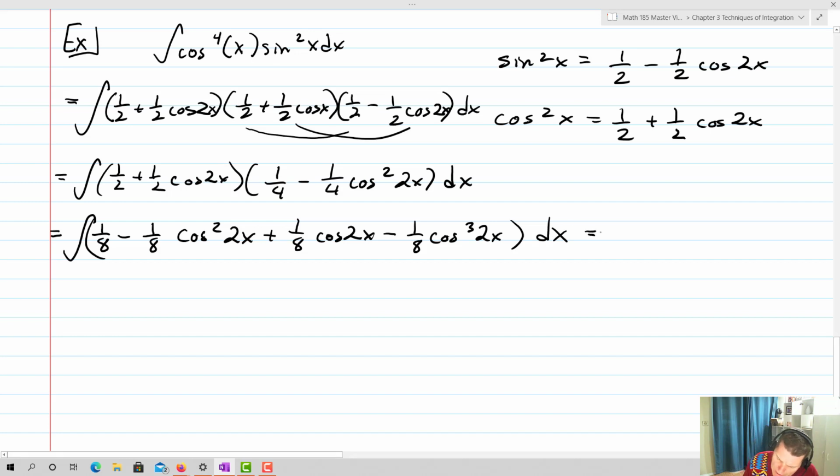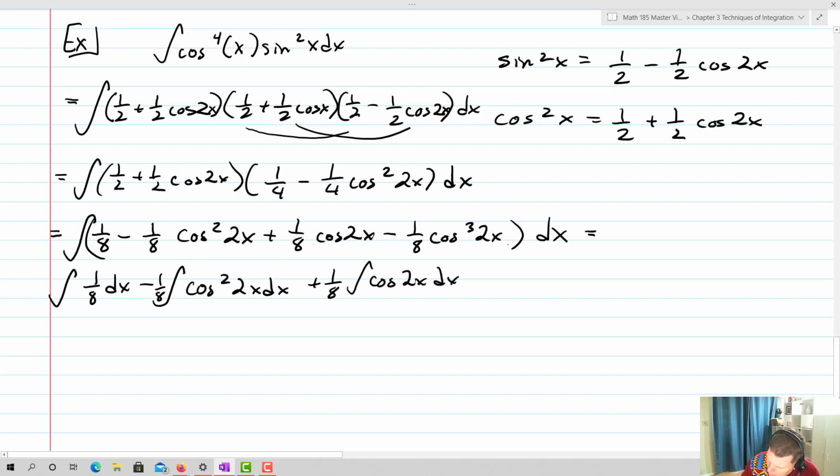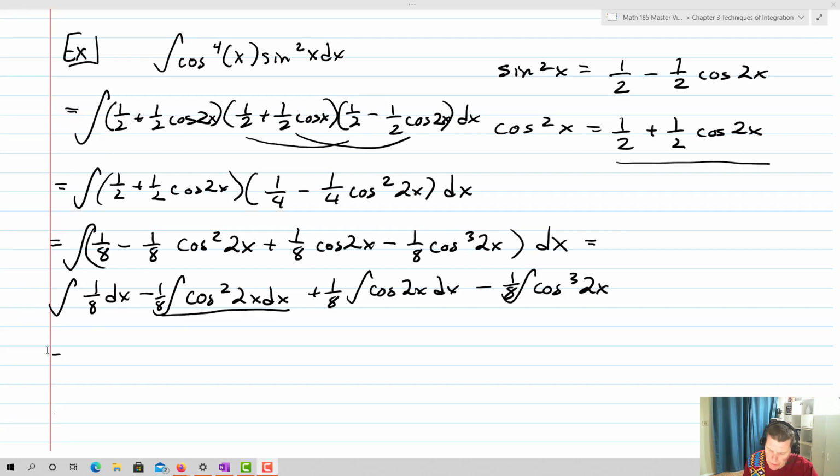So what I end up with here is the integral of 1/8 dx minus 1/8 the integral of cosine squared 2x dx plus 1/8 times the integral of cosine 2x dx minus 1/8 the integral of cosine cubed 2x. So now we can go in and we can integrate. So I've got 1/8 x, right? That's the first integral, simple one.